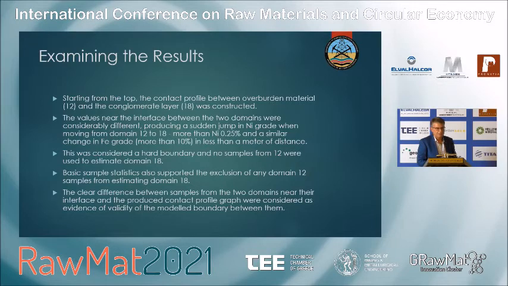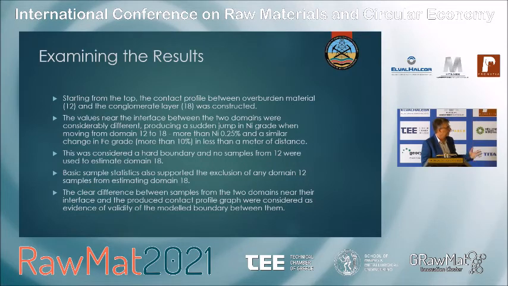The values near the surface between the interface between the two domains were considerably different, producing a sudden jump in nickel grade when moving from one to another, and a similar change in the iron grade in less than a meter of distance. That was considered to be a hard boundary, and no samples from 12 were used to estimate domain 18, which of course you would anyway, because 12 is just a different type of material anyway.